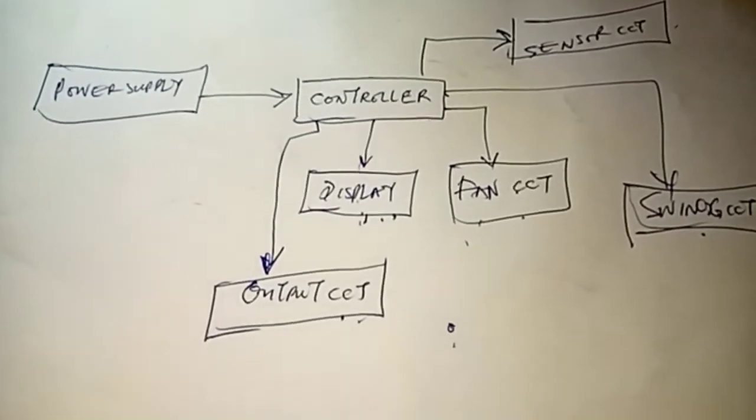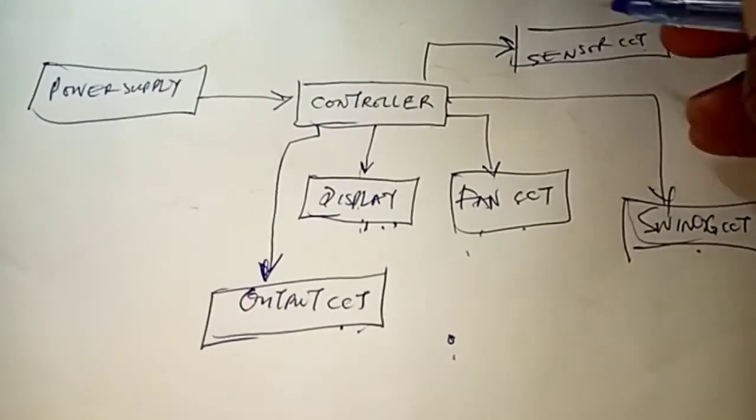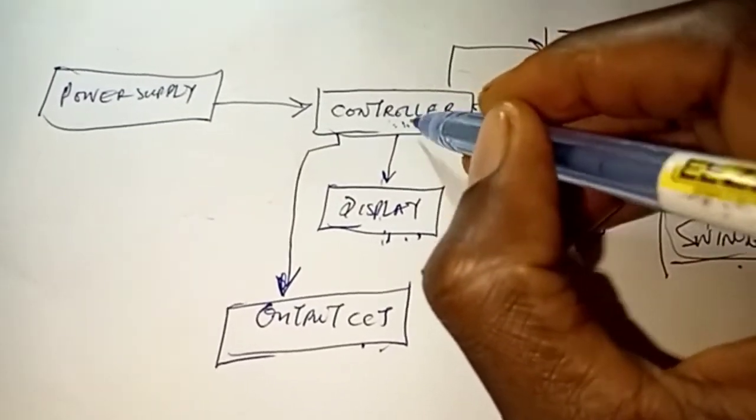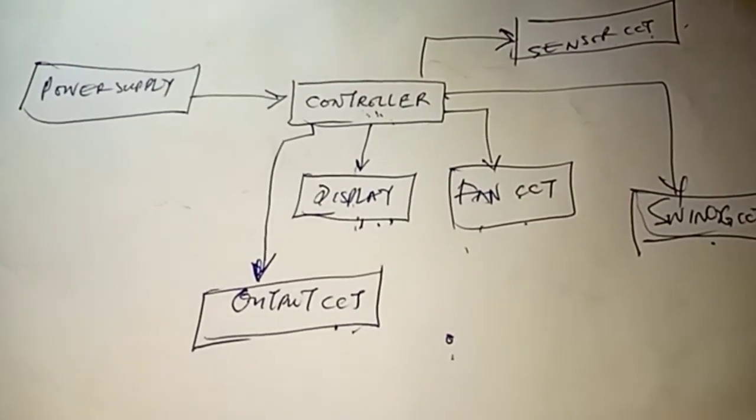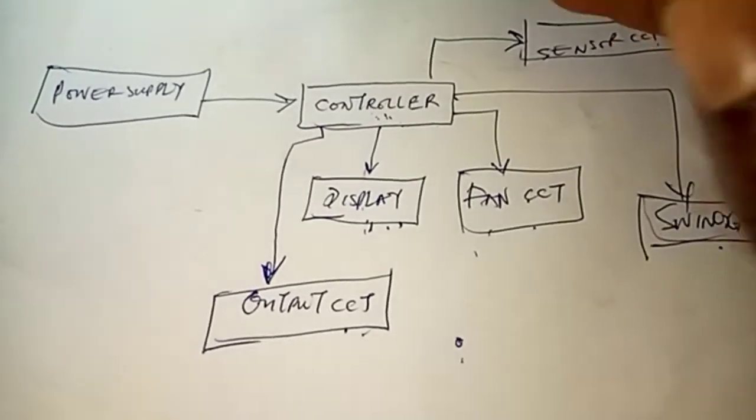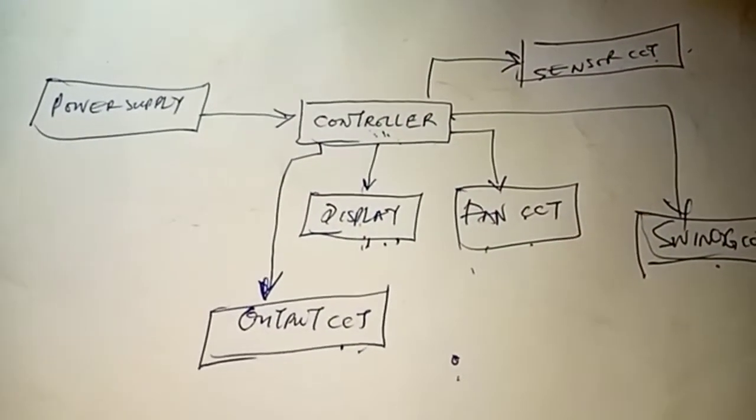So since I've added this sensor circuit, meaning I will still add to my programming. This is what I mean when I tell you that the more the features, the more complex your design is going to be.